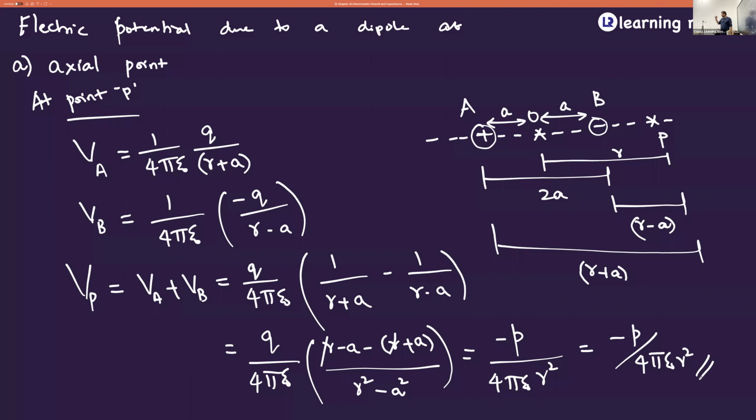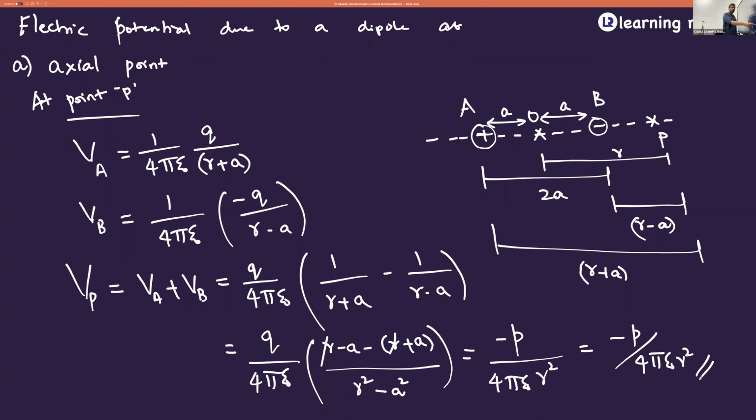This is where we need to be careful. When you calculate the potential due to a dipole at an axial point, you will get either minus p divided by 4 pi epsilon naught r square or plus p divided by 4 pi epsilon naught r square. That depends on which charge you are taking that point closer to.